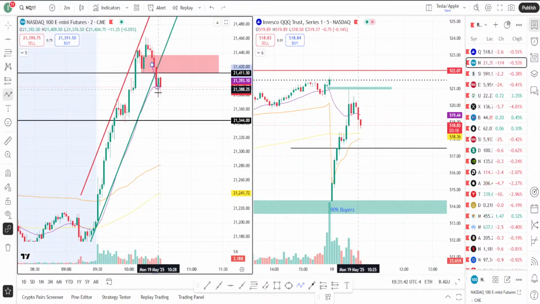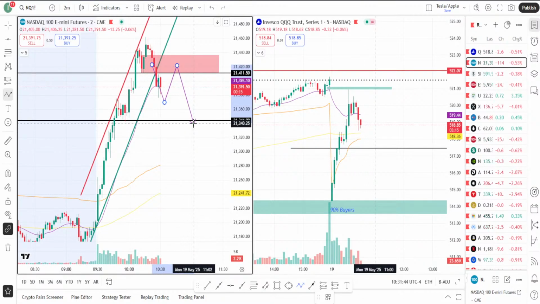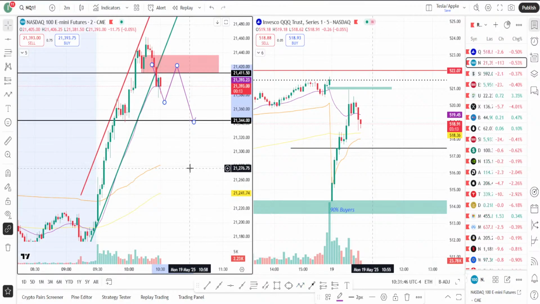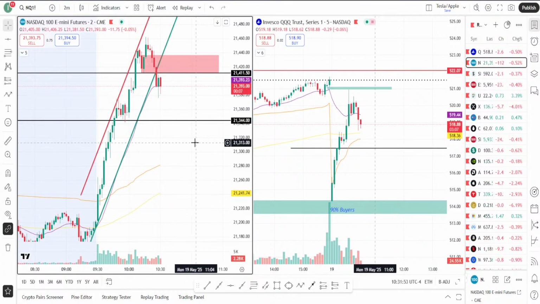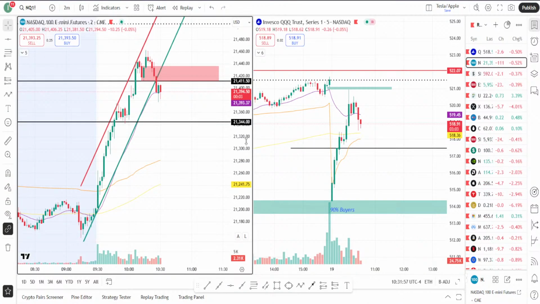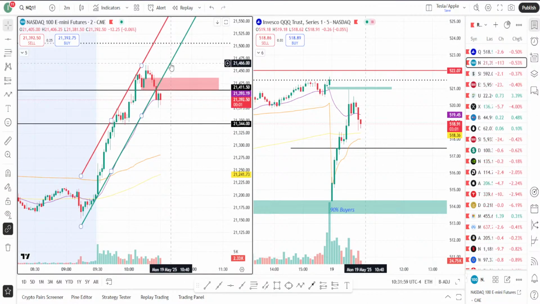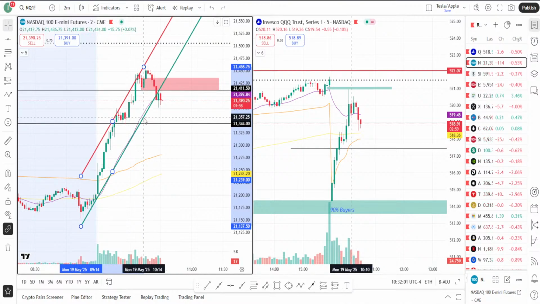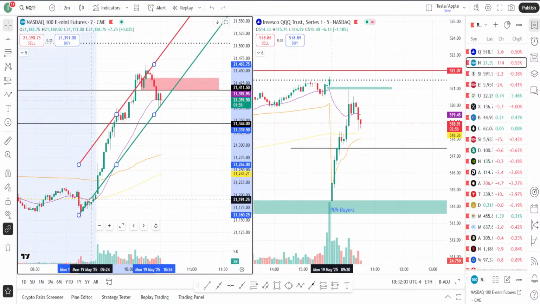So if we come down, go back, we already know this uptrend is most likely hooked. Let's see here.